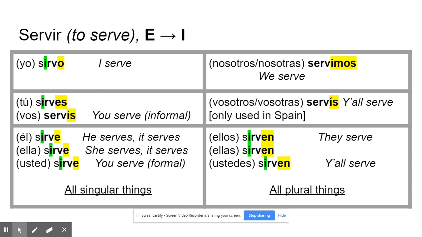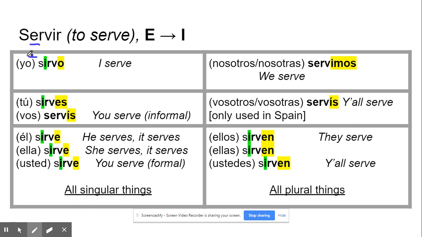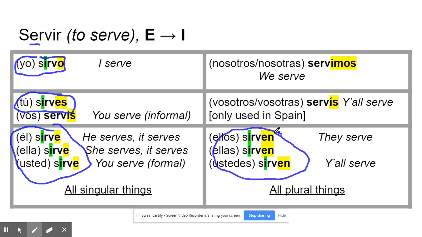So E to I, this E right here changes to I right here in yo form, in tú form, in él, ella, usted form, and in ellos, ellas, ustedes form. However, in vos, nosotros, nosotras, and vosotros, vosotras forms, there's no stem change. We don't have the E changing to an I.